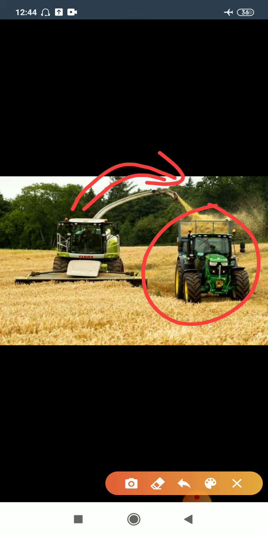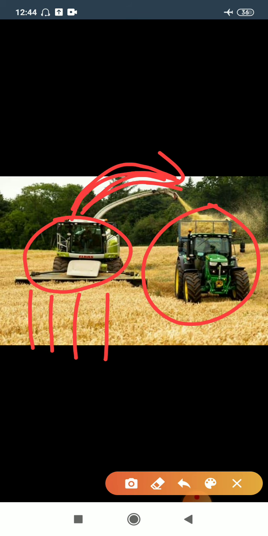So with the help of the harvester we can easily separate this husk from the land. Okay, then again we easily separate the long husk from the food grains with this method.